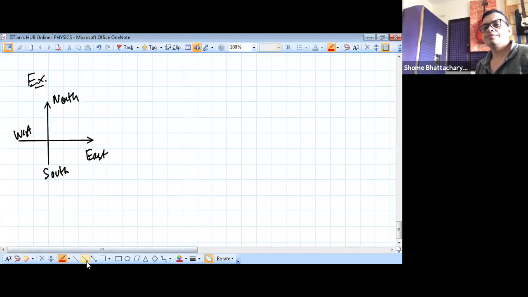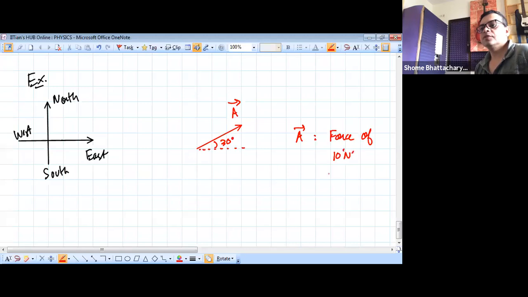Now suppose, excuse me, A is a vector which is drawn in such a way that this angle is 30 degrees. Okay. So A represents a force, let's say, of 10 newtons magnitude acting along a direction which is 30 degrees north of east.